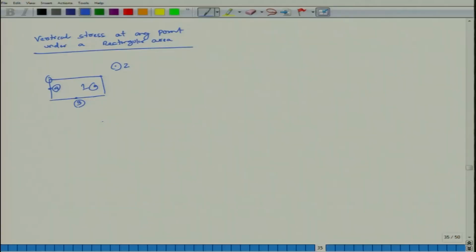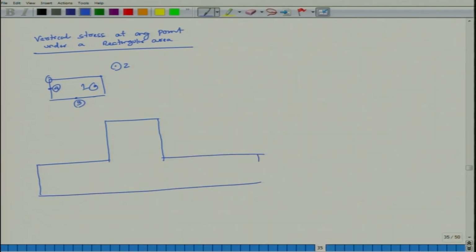Let us start with an example. There are many examples I will continue, and also I will solve a few problems. Let us start with an example, just try to understand. This is the case. Sometimes a foundation has been made in this way.